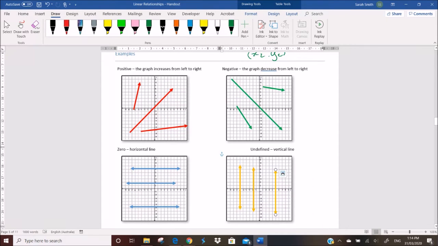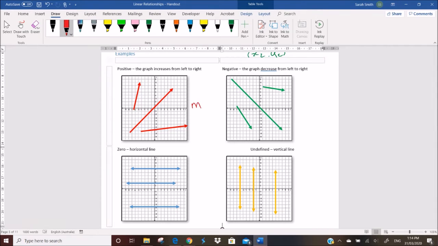So if we think about our positive gradients, these are where our m is going to be a positive number. A negative is when m is going to equal a negative number. A zero gradient, our m is going to equal 0, and for an undefined gradient, m is undefined.